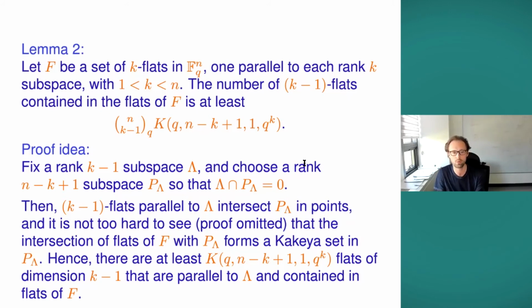We can just plug in the lower bound on the size of a Kakeya set that we have from De Vere et al. And the q-binomial coefficient of n over k-1 is the number of directions. So for each direction, we show that we have a Kakeya set's worth of k-1 flats lying in that direction.